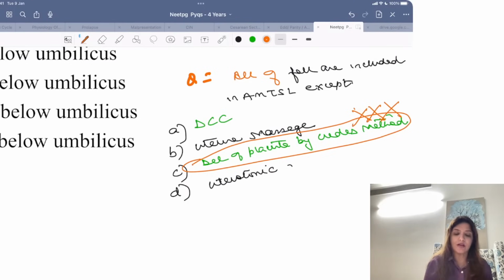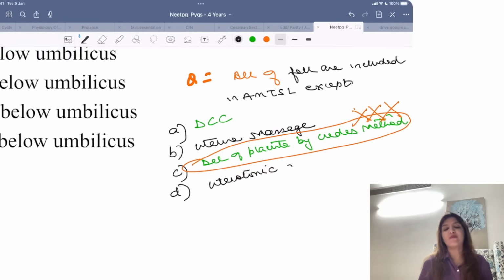Yes? Okay, now tell me, which uterotonic is contraindicated in hypertensive females? Which uterotonic are you never going to give in hypertensive females? Methylergometrine.